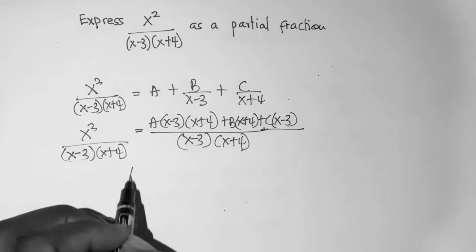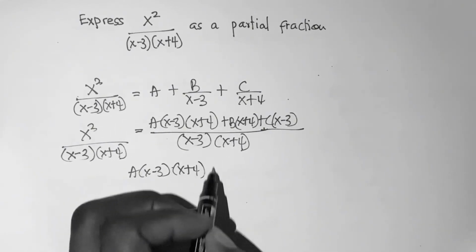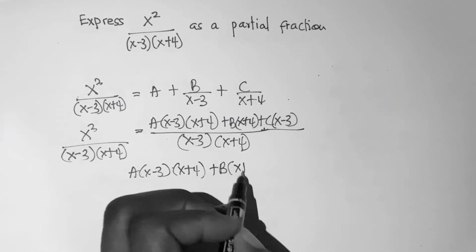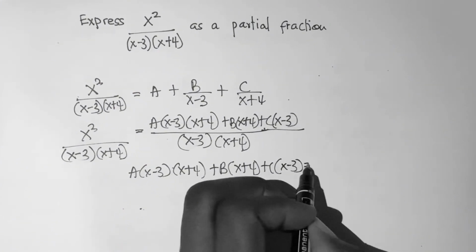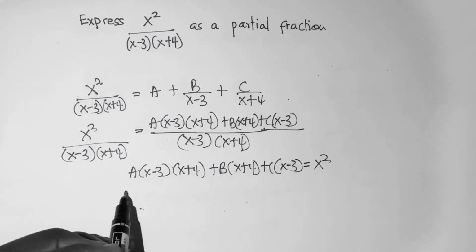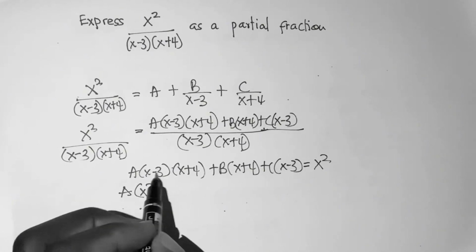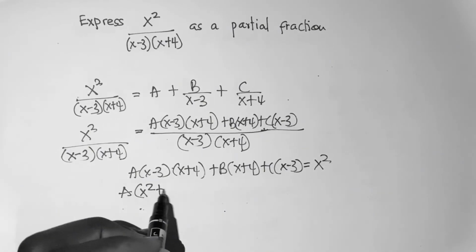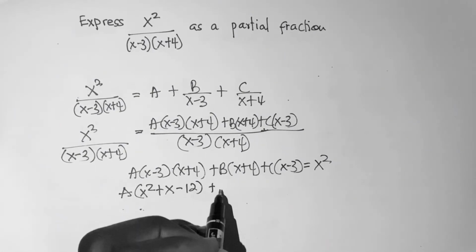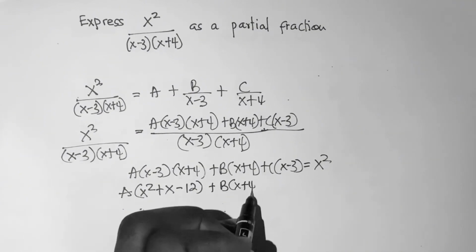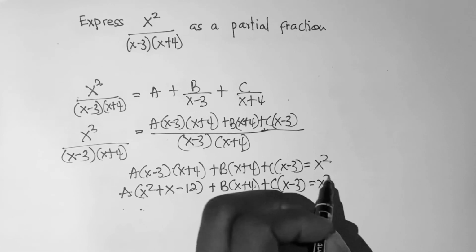So this implies that A times x minus 3 times x plus 4 plus B times x plus 4 plus C times x minus 3 is equal to x squared. So A times x is x squared. Minus 3x plus 4x becomes plus x. Then minus 12. Plus B times x plus 4. Then plus C times x minus 3 is equal to x squared.